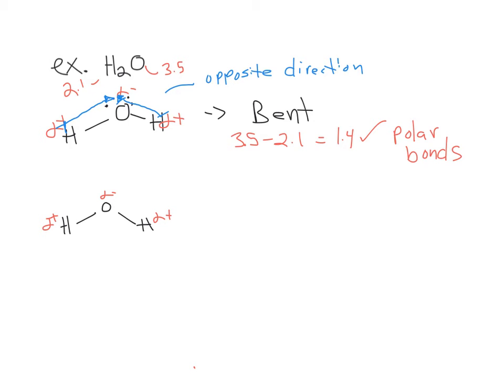The center of positive charge is in the middle of the two positive charges, so it'll be right down here. The center of negative charge is where the only negative charge is, right here. Those two are in a different place, and they look like a magnet.